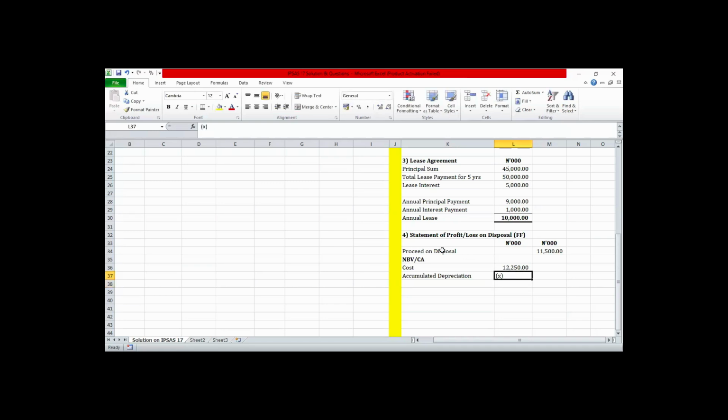We less it. When we less it, we are going to get 12,250 minus X. When we now less it, we have a profit of 750.